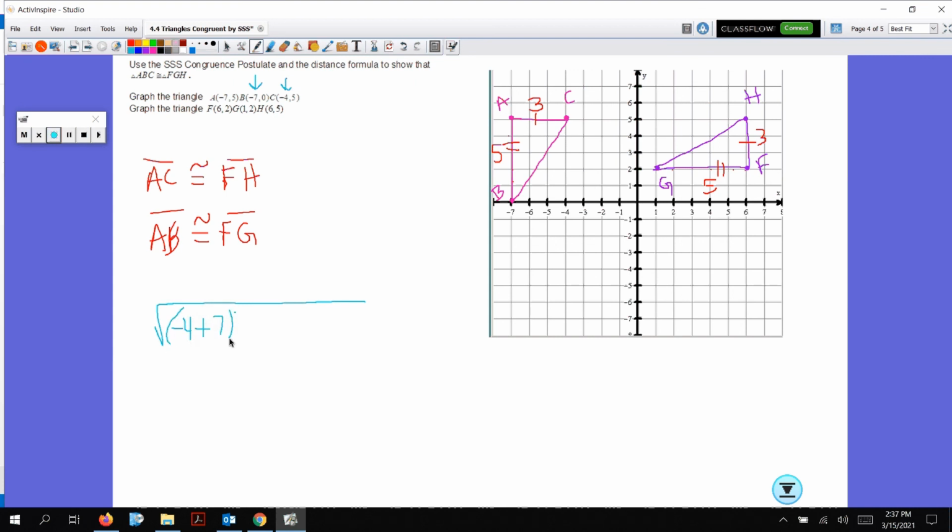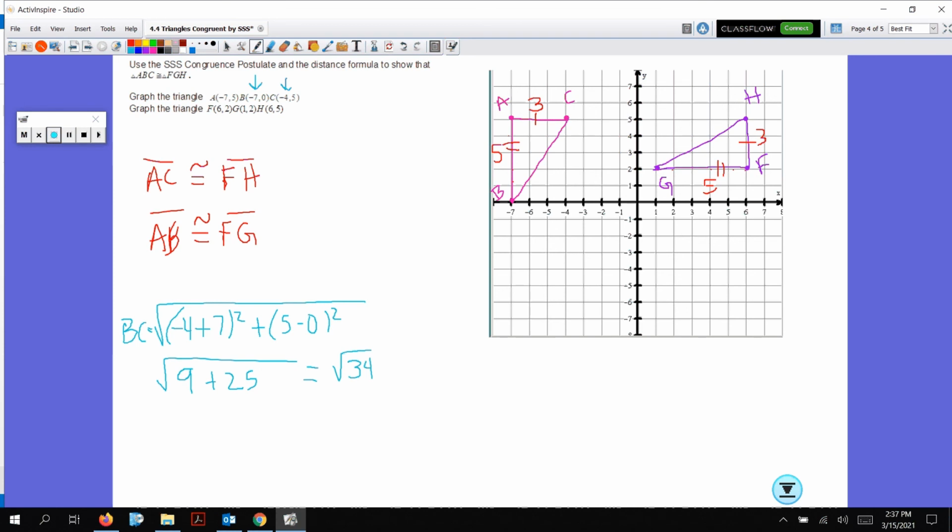All of that squared, plus 5 minus 0, all of that squared, and we just simplify down, right? This is BC. -4 plus 7 is 3. 3 squared is 9. 5 minus 0 is 5. 5 squared is 25. I add these together and I get the square root of 34.